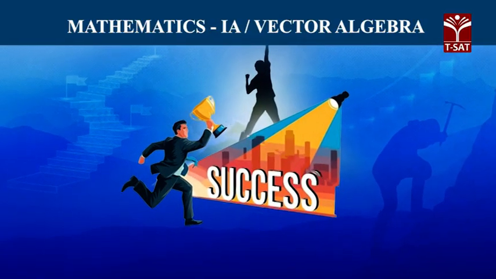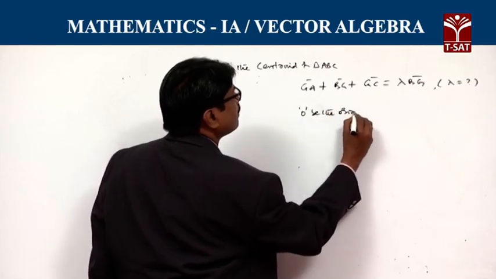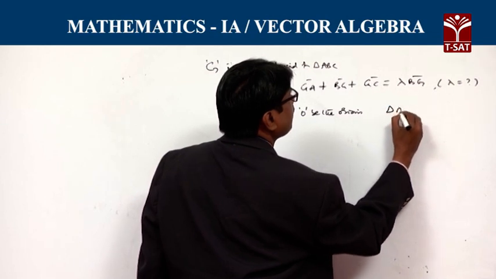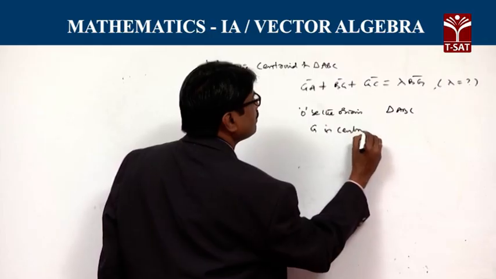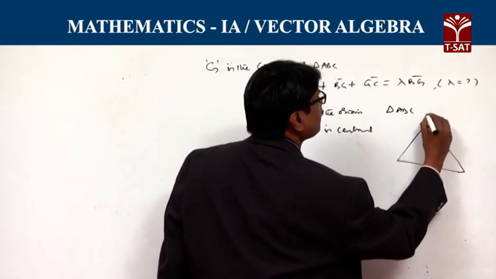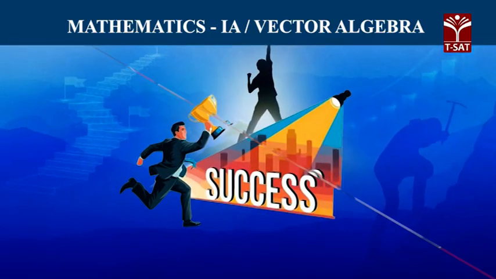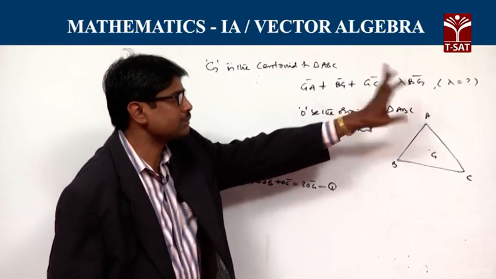Okay, first you define O as the origin, and in a triangle ABC, G is the centroid. Draw one triangle ABC and define the centroid. G is the centroid, GA bar plus BG bar plus GC bar is equal to lambda times BG bar.